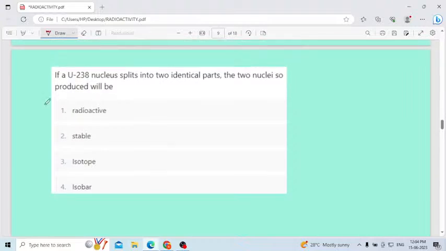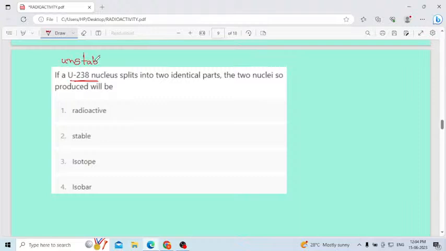Let us move to the next question. If a uranium-238 nucleus splits into two identical parts, the two nuclei so produced will be: first option radioactive, second option stable, third option isotope, fourth option isobar. Uranium-238 is an unstable nucleus.